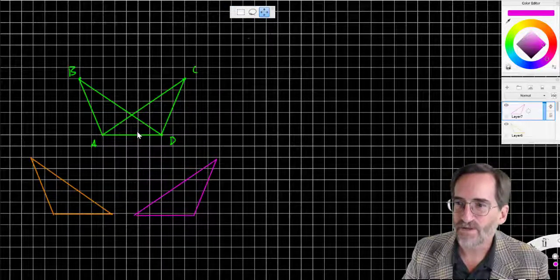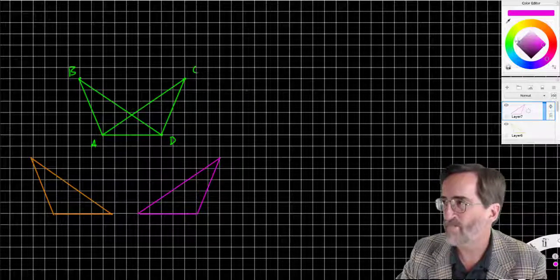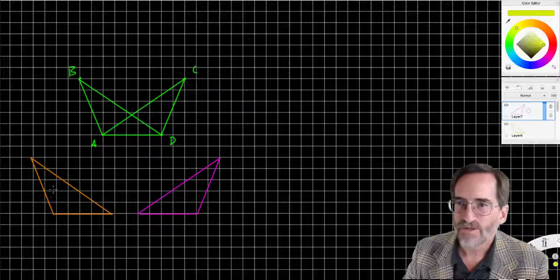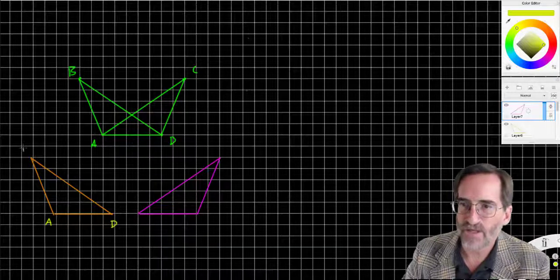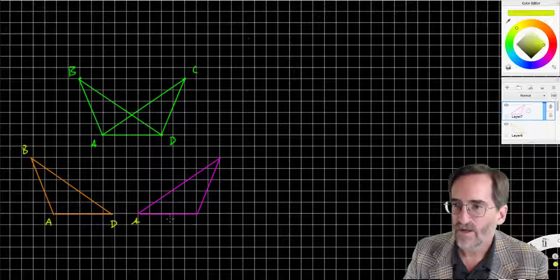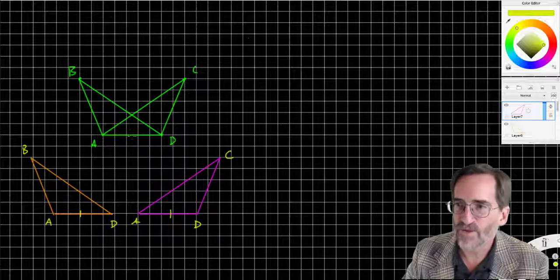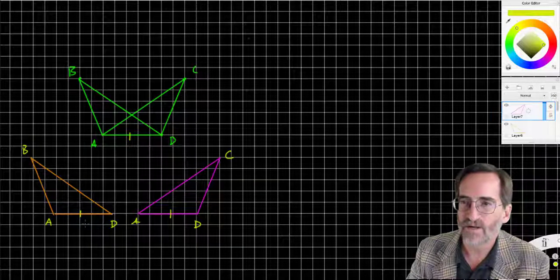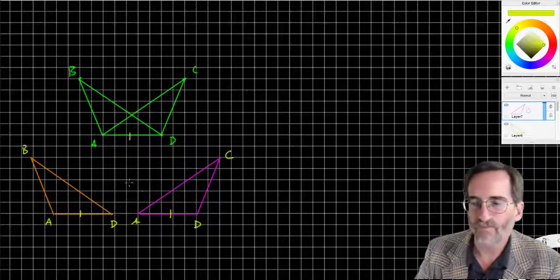Hopefully you see where the two triangles came from, and they are overlapping. We'll label the vertices when we draw the separate triangles, ADB and ADC. We can see the shared side, AD, so that's congruent to itself. There's our side, and we can then get anything else that we need from the given.